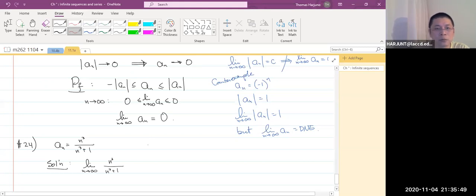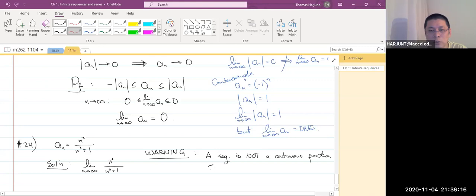Warning, a sequence is not a continuous function, so we cannot apply L'Hopital's rule directly.